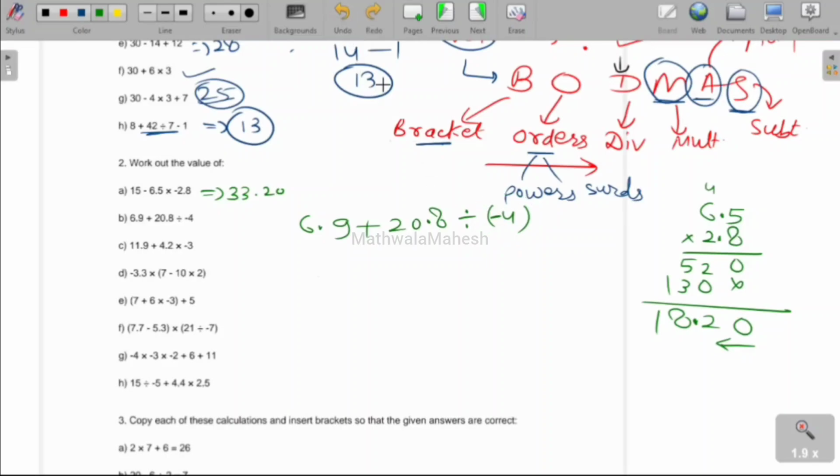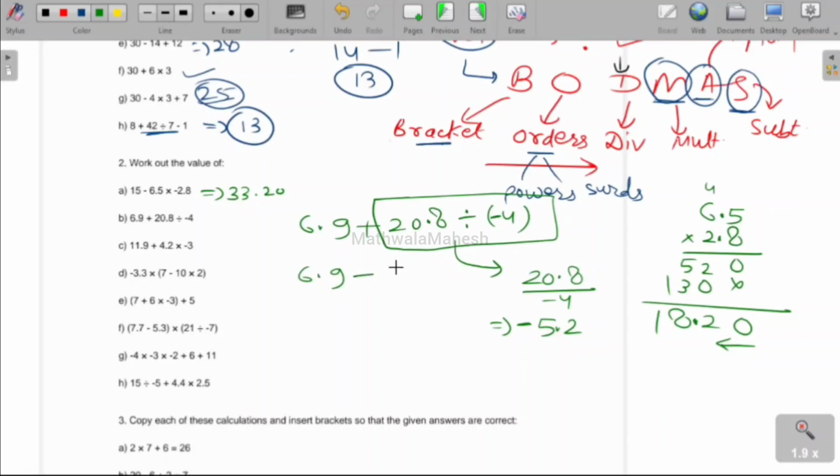So put brackets and you will understand the digits and the number. So 20.8 divided by minus 4 is 5.2, and the minus sign is there, so minus 5.2. So the whole operation is minus 5.2.